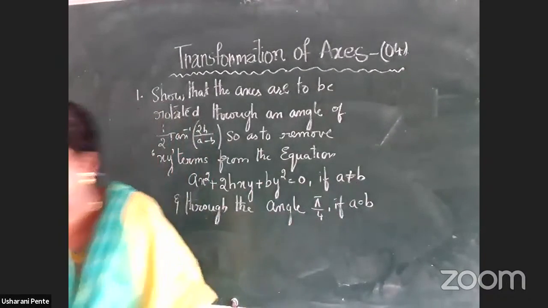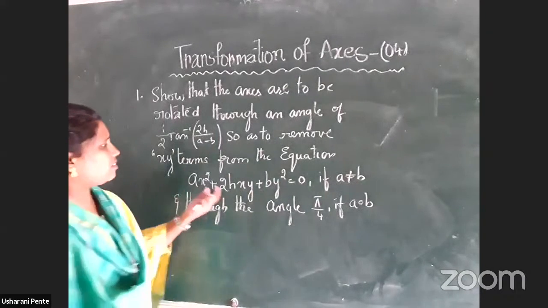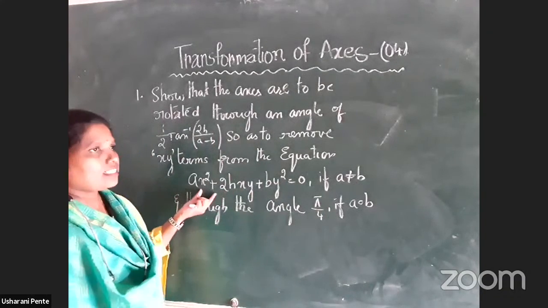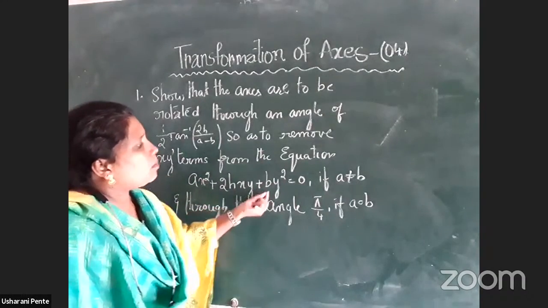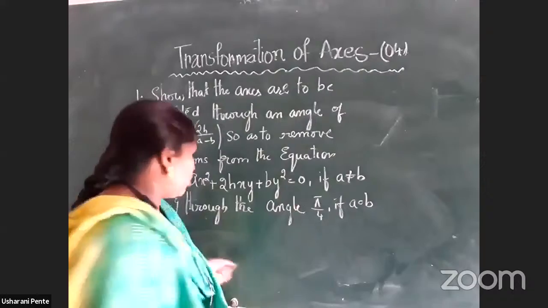They have given an equation: ax square plus 2hxy plus by square is equal to 0.